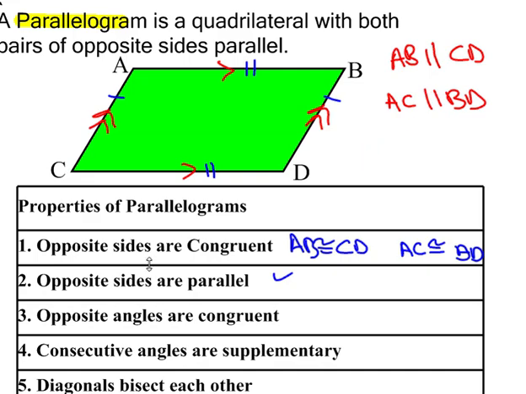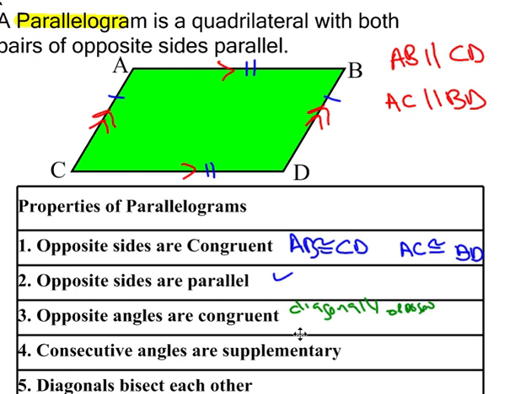Opposite angles are congruent. So opposite angles is talking about angles that are diagonally opposed. I'm going to write that down. Diagonally opposed.